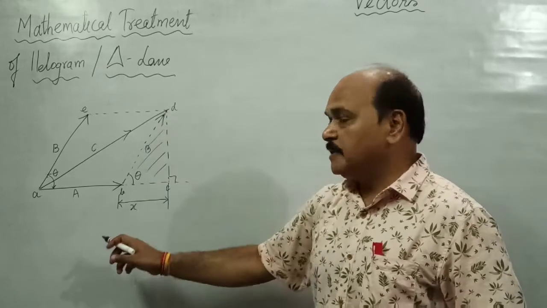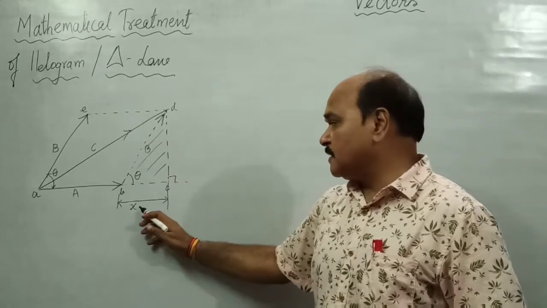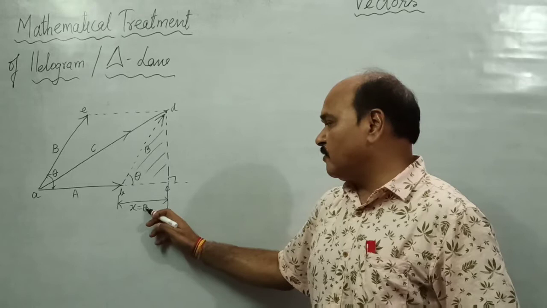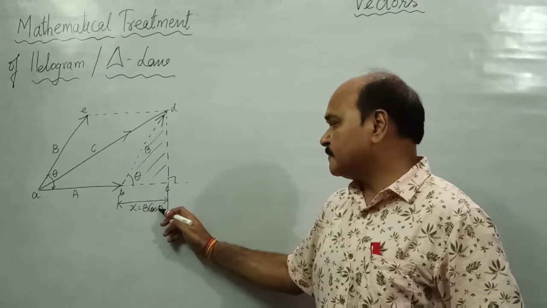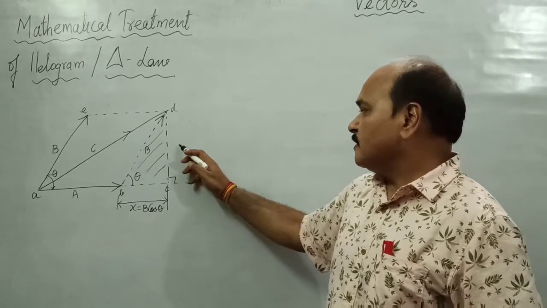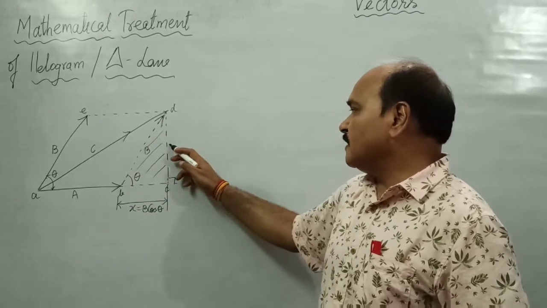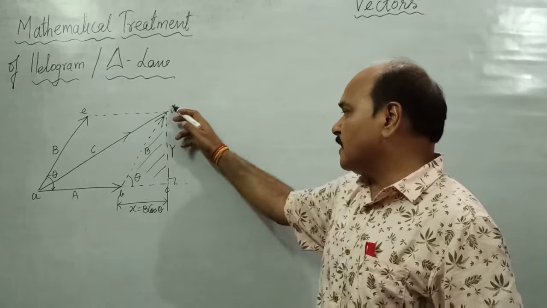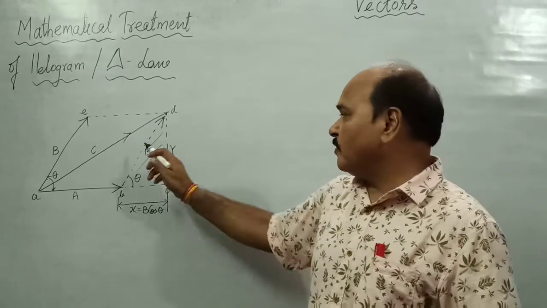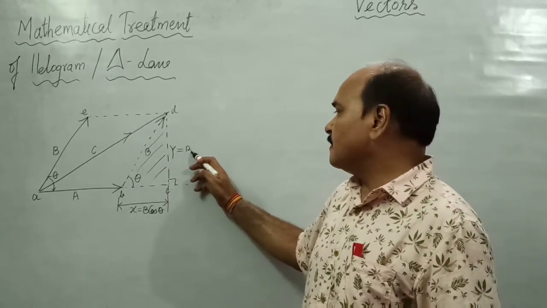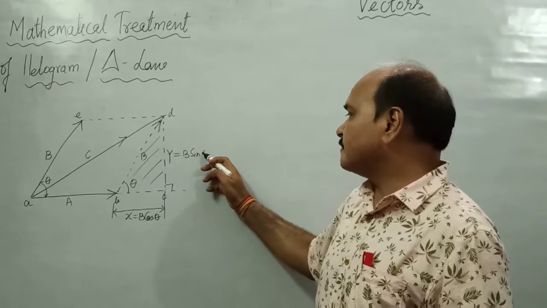So if this length is B, then this length is going to be B cos theta. If this length is B, this angle is theta, and this is a right angle triangle, then the perpendicular of this right angle triangle is going to be B sin theta.